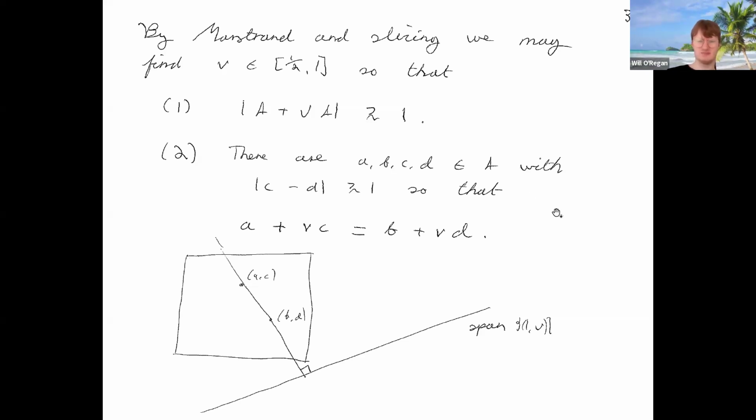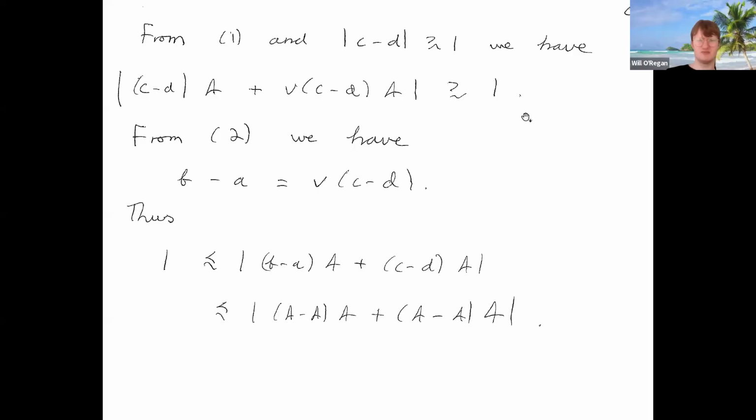So let's use that. From the first part and the fact that this is separated, you can multiply these by C minus D. That's not going to affect the Lebesgue measure because you're not contracting your set particularly, so that's fine.